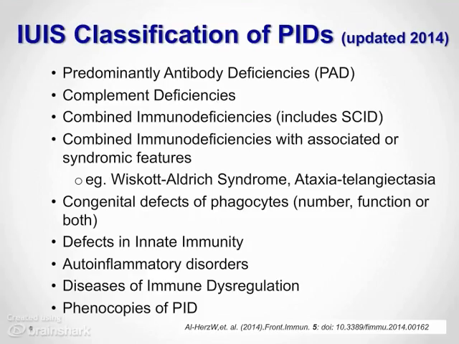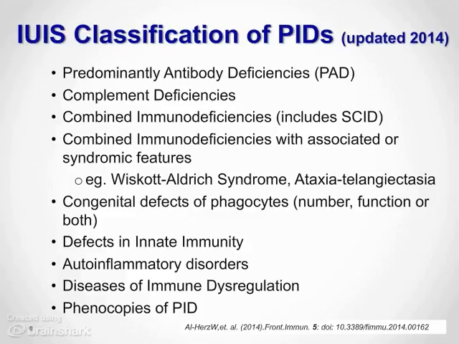In 2014, the International Union of Immunological Sciences classified the more than 185 primary immunodeficiencies into 9 different categories. For example, predominantly antibody deficiencies, PADs, are the most common PID. Combined immunodeficiencies include the most severe diseases, such as SCID, or severe combined immunodeficiency disease.